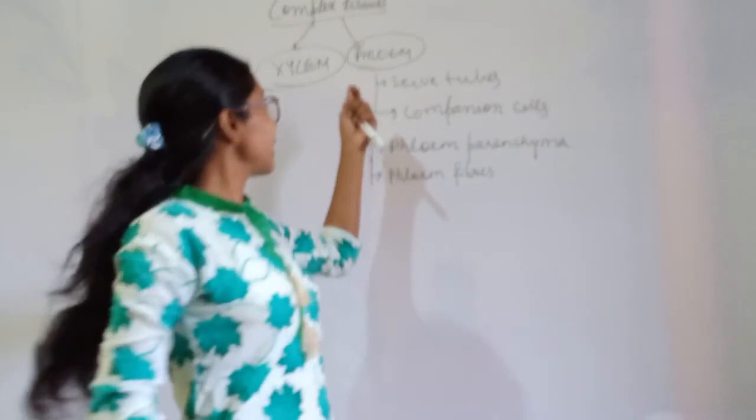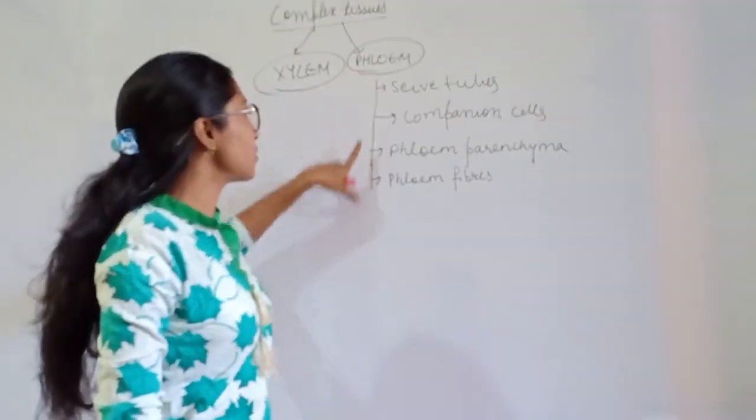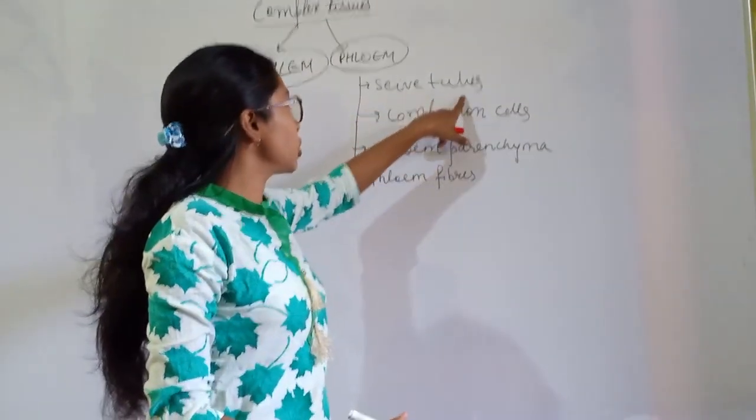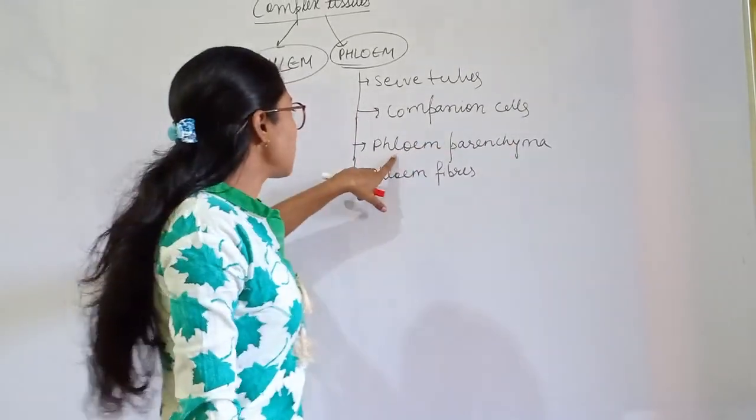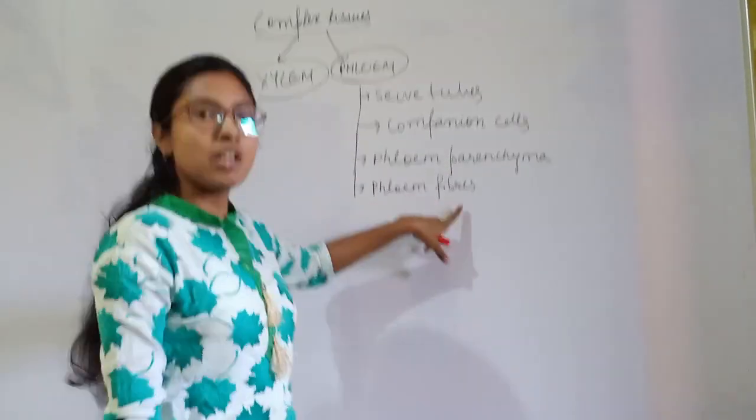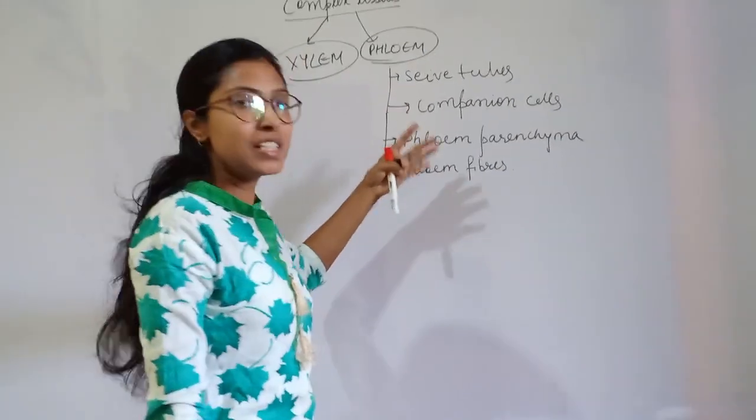So the complex tissue phloem is divided into 4 types, that is sieve tubes, companion cells, phloem parenchyma and phloem fibers. Now one by one we will study what are the functions of these cells.